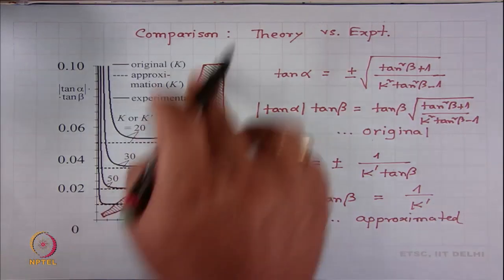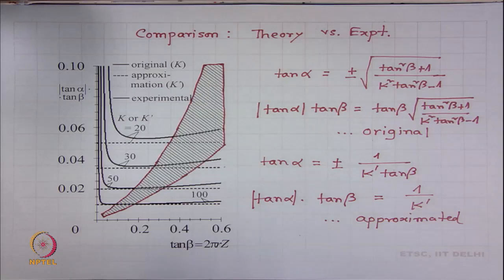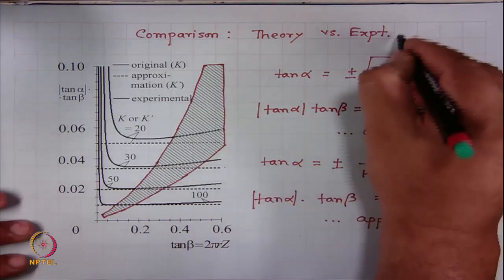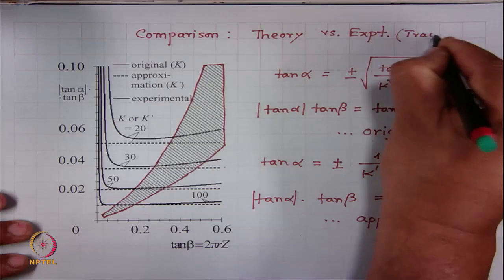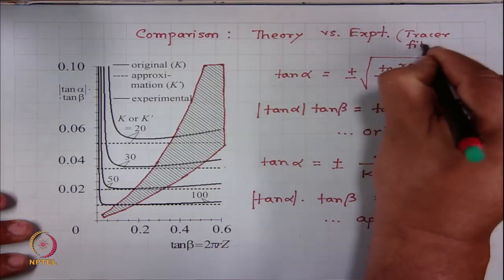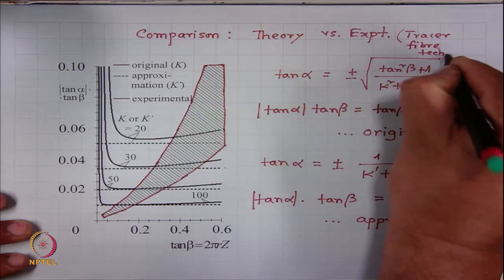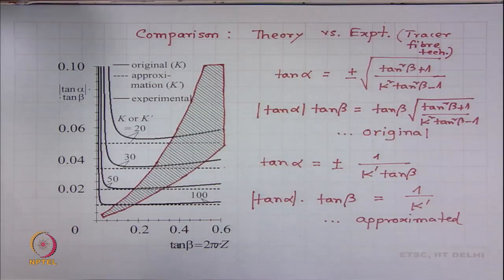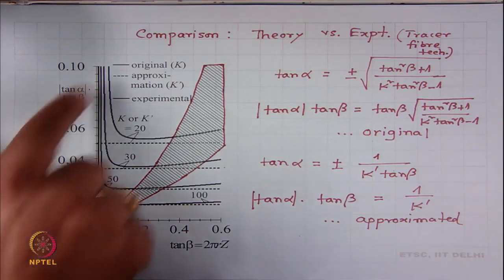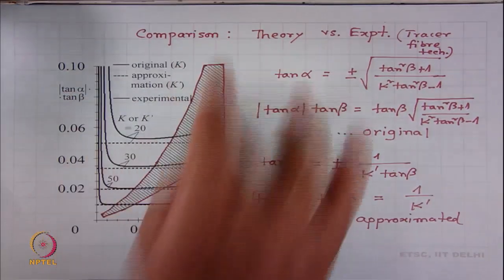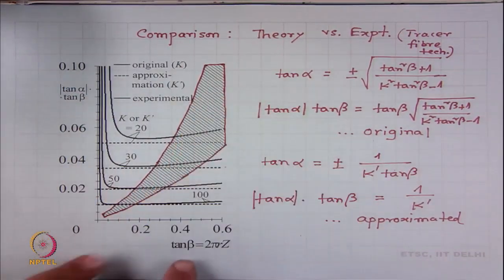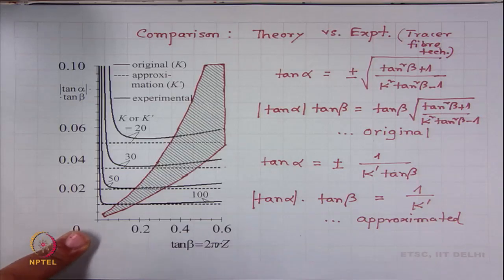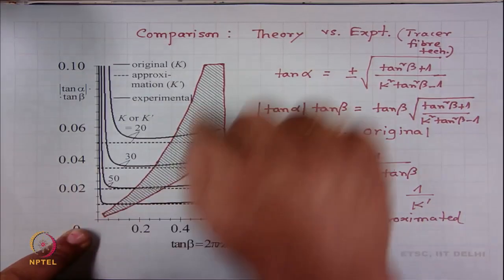So, this is about this curve, and the experimental results were obtained using Morton's tracer fiber technique. What we see is that there is a complete mismatch between the theoretical results and the experimental results. For the experimental results, when tangent of beta is increasing, this function is increasing.